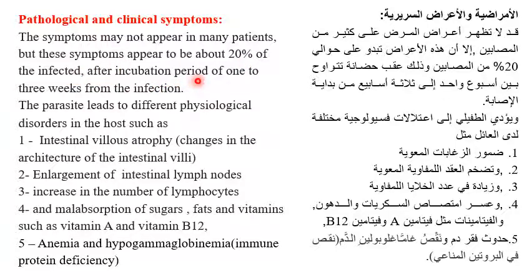After an incubation period of 1 to 3 weeks from the infection, the parasite leads to different physiological disorders in the host, such as intestinal villus atrophy, changes in the architecture of the intestinal villi, enlargement of intestinal lymph nodes, increase in the number of lymphocytes, and malabsorption of sugars, fats, and vitamins such as vitamin A and vitamin B12.